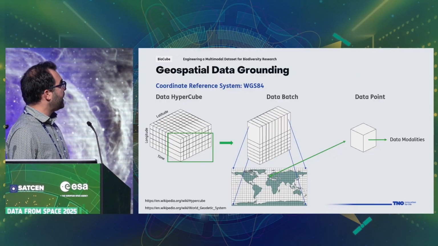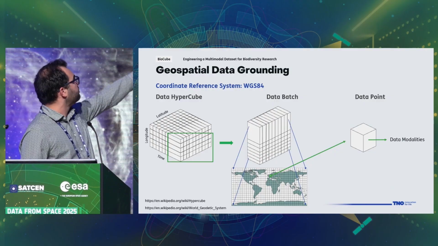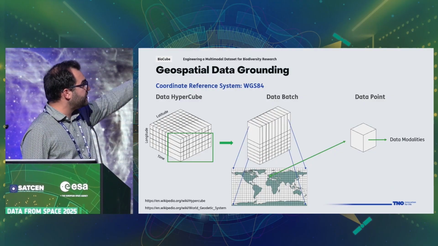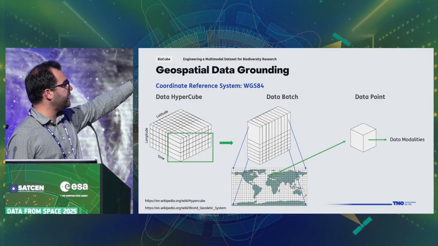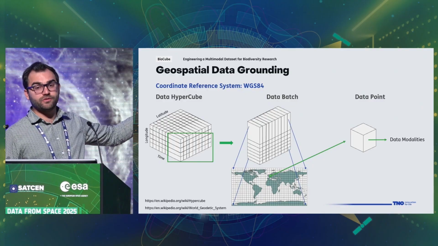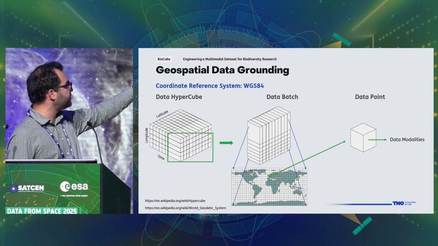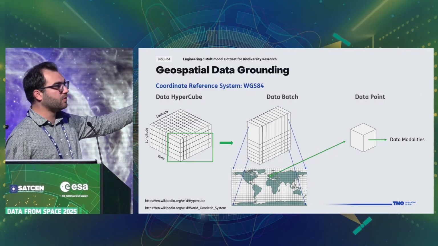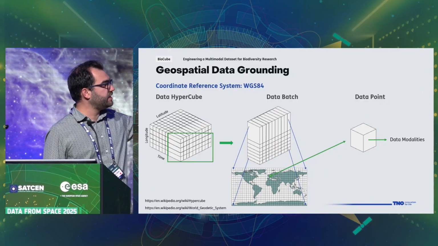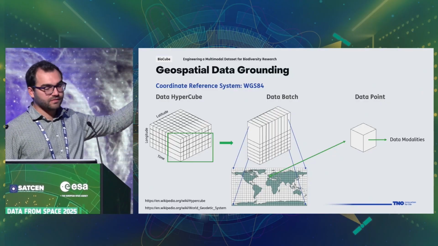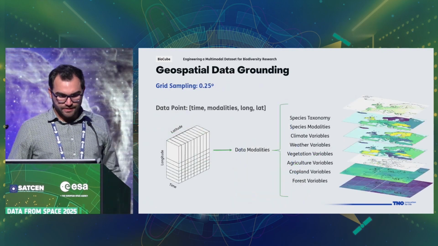How it looks like in practice, we also transform everything to the WGS84 geodetic system. So you can think of BioCube as a data hypercube, and from this data hypercube, which has global resolution, we take a data batch, which is a slice at a specific time for the whole world. And if you sample a single data point from that, this data point contains your modalities.